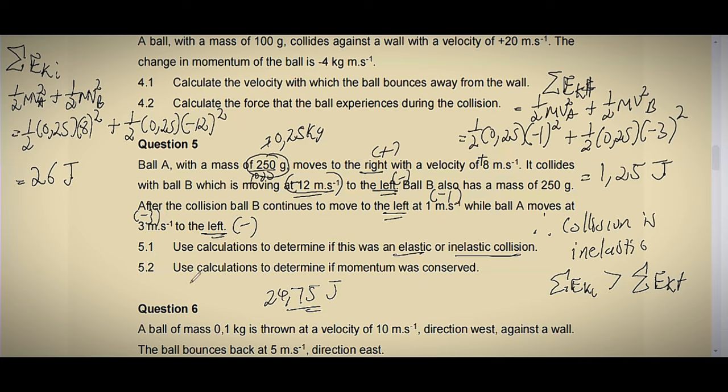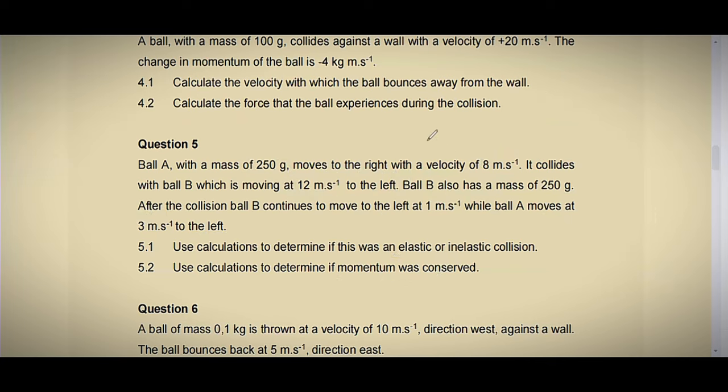Then 5.2 says use calculation to determine if momentum was conserved. Now remember I explained there that whether a collision is inelastic or elastic, the momentum will always be conserved. Right, so it's just a matter of using our calculation now to prove that. Now to use the calculation, we can start by calculating the sum of momentum initially.